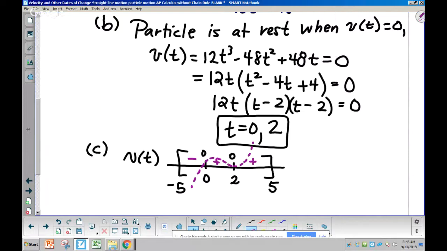So when, my friends, does this particle change direction? Because right now this is moving left, right, right.